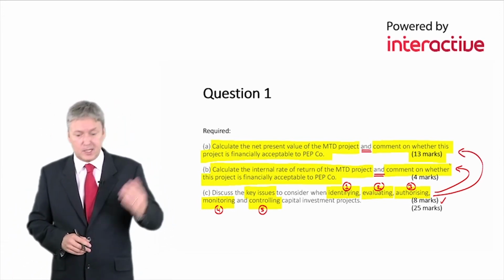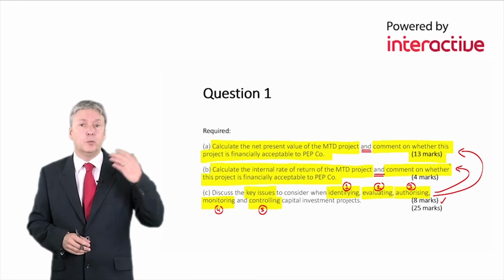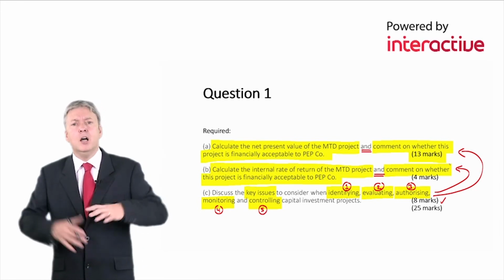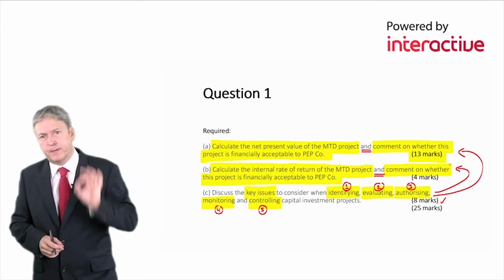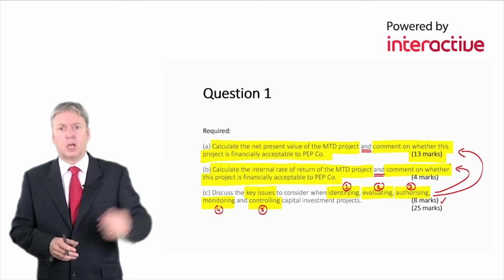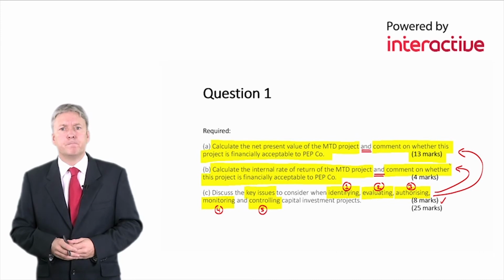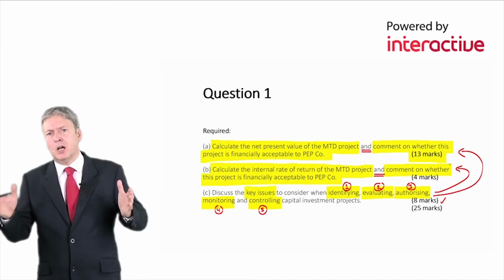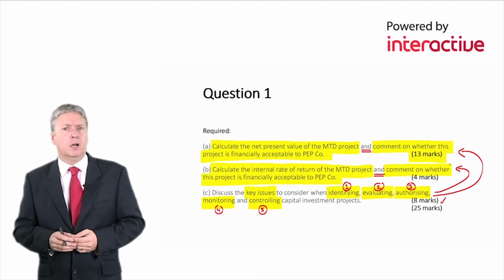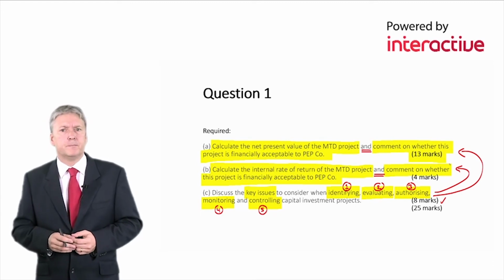Now, of course, one aspect of the evaluation could be NPV and IRR, but there is a wider evaluation of the project, not just the financial numbers, but also other issues as well. So, I would expect a common sense answer here to very comfortably score 6 marks.